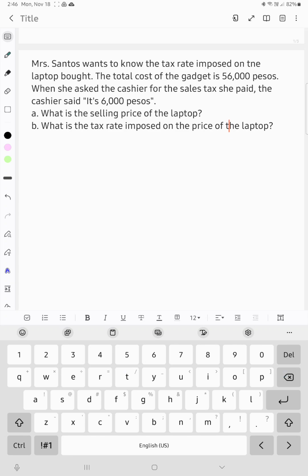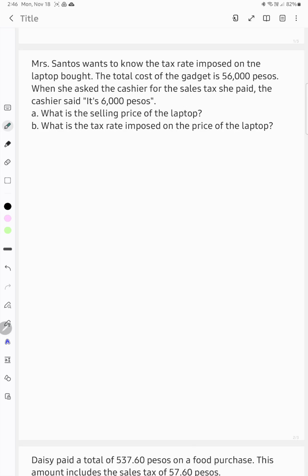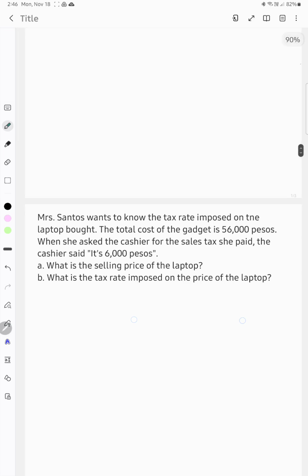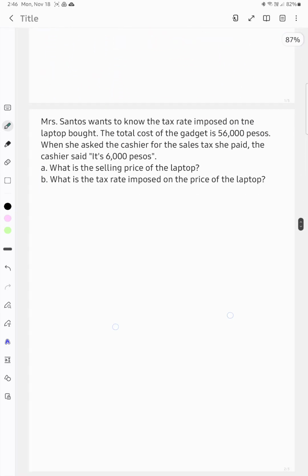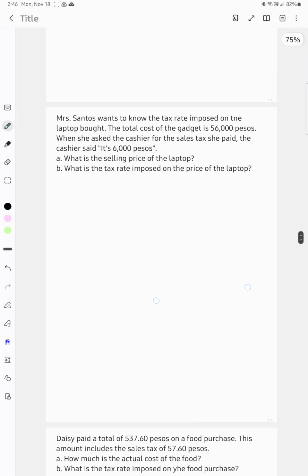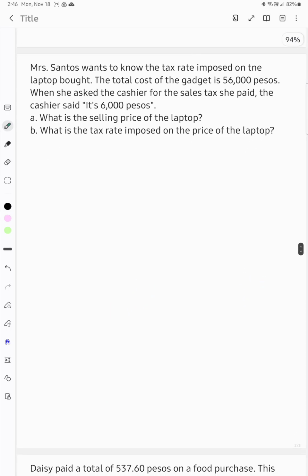Okay, now let's solve that. Remember, in our previous problem, the total cost would be equal to selling price plus sales tax. Here we need to reverse that. For letter A, the selling price would be equal to the total cost minus the sales tax.